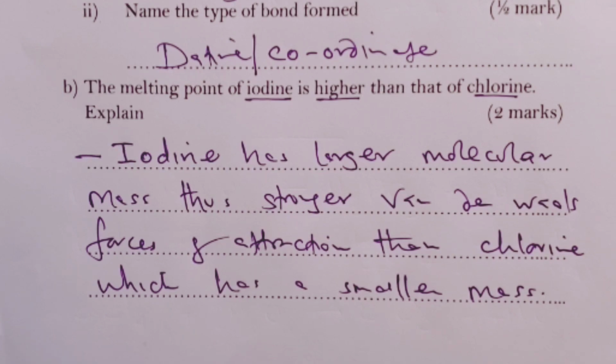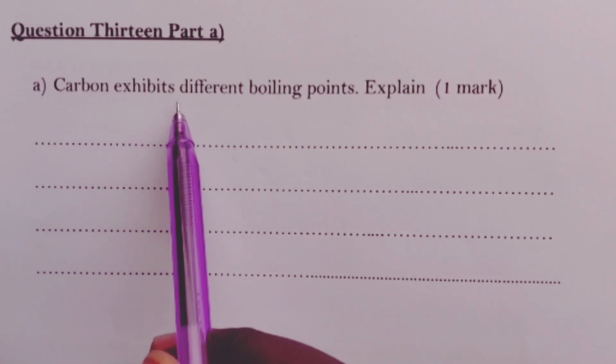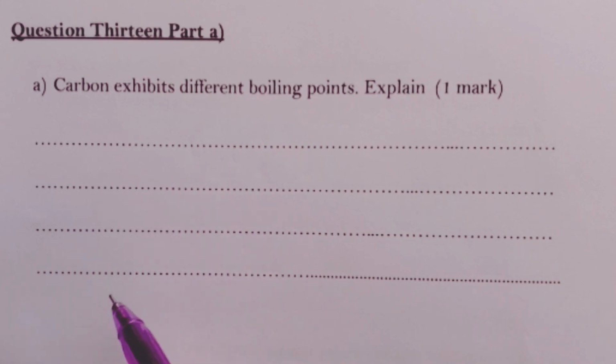Let's move on to question number 13, part A, which again was borrowed from Form 2 syllabus. Carbon exhibits different boiling points, so we are told to explain.